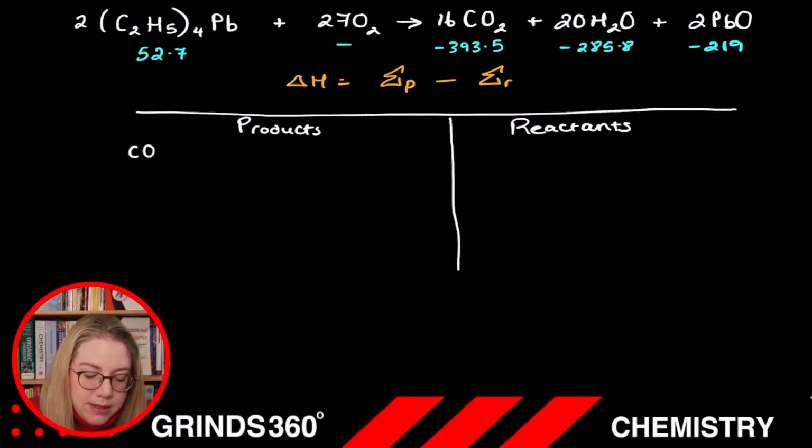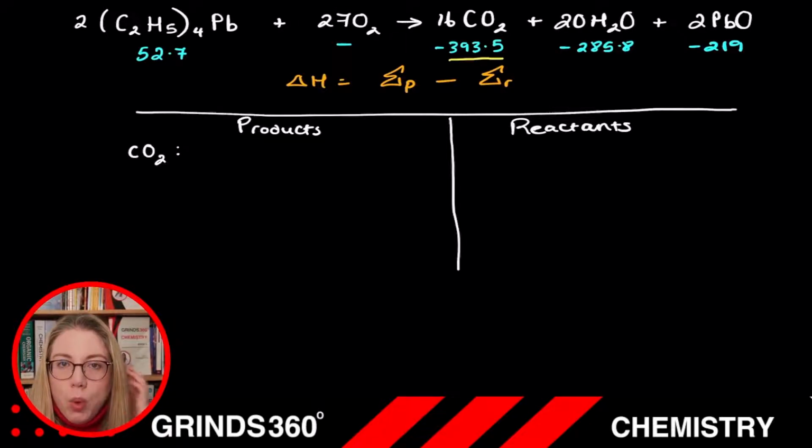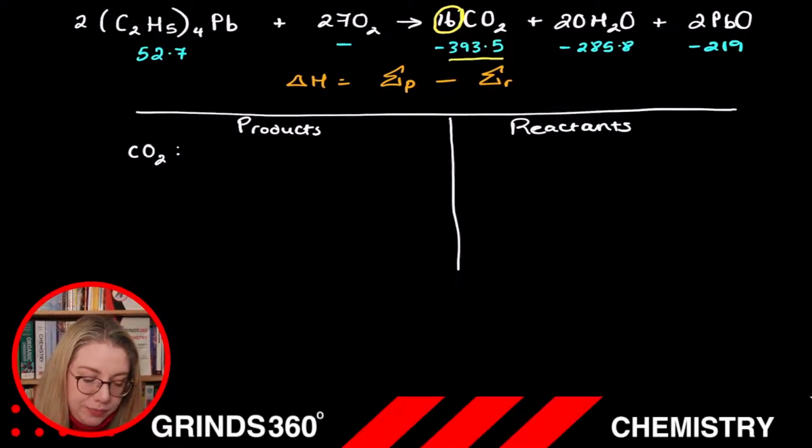My first product that I fill in is carbon dioxide. Now, that minus 393.5 is the amount of energy released when 1 mole of carbon dioxide is formed. According to this balanced equation, though, I'm not forming 1 mole of carbon dioxide. I'm forming 16 moles of it. So we take the number in front of the carbon dioxide and multiply it by minus 393.5.